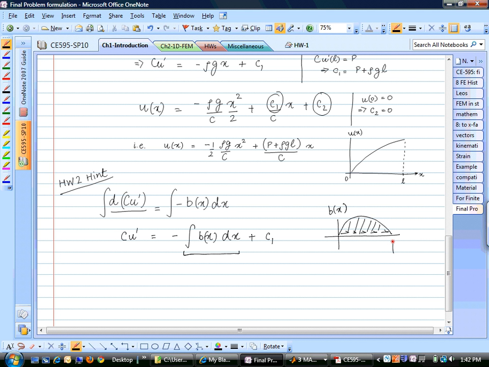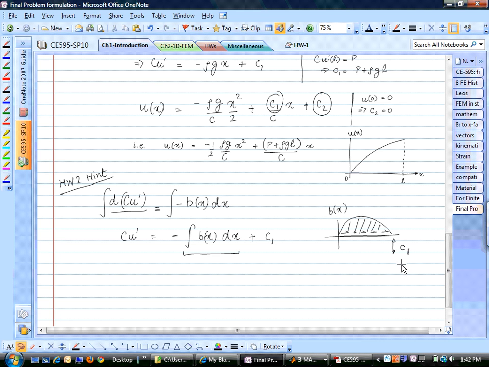If you add some constant, this c1, you can take this curve and shift it by any amount. Its derivative would still be the same thing, right? That's the physical interpretation of this c1.